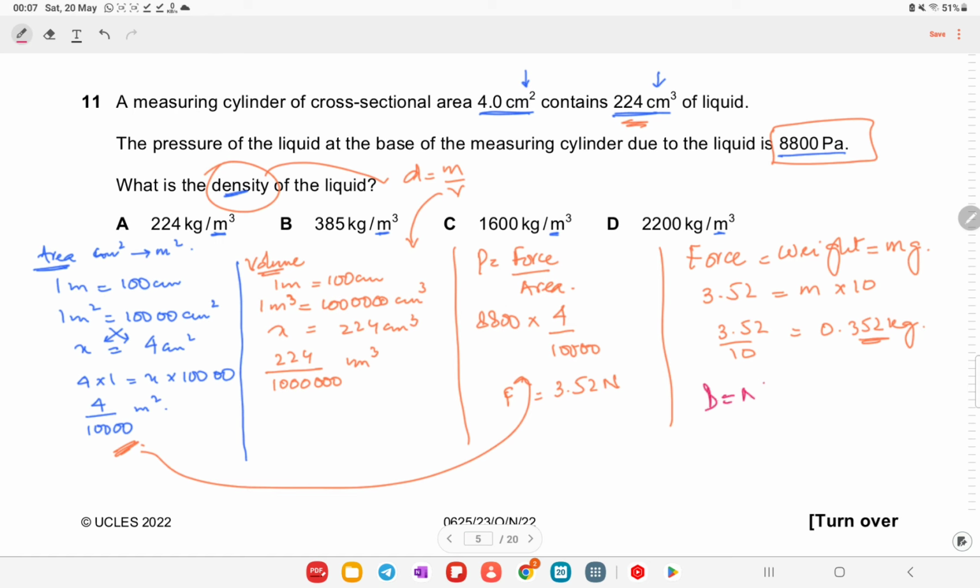Density equals mass over volume. Mass is 0.352, divided by volume, which is 224 times 1 followed by 6 zeros. It's going to be 1571.42, which is about 1600 kg per meter cubed. So option C would be your right answer.